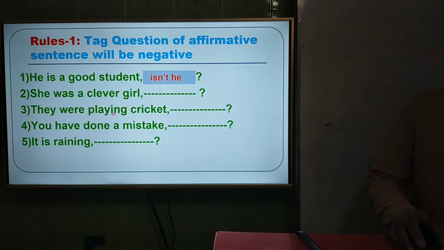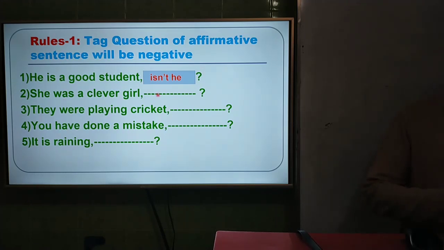Now the second one: she was a clever girl. This is also an affirmative sentence. Here the operator is was. So we shall use this operator to make the tag question. And as the sentence is affirmative, the tag question will be negative.